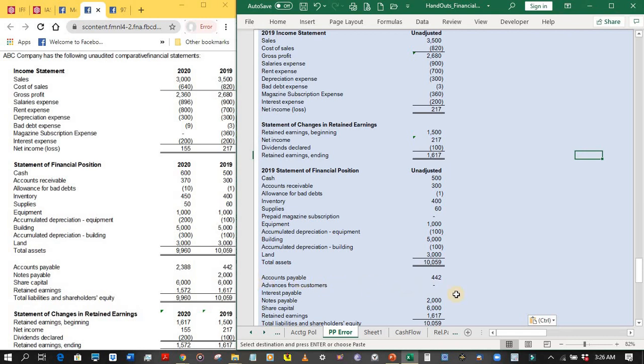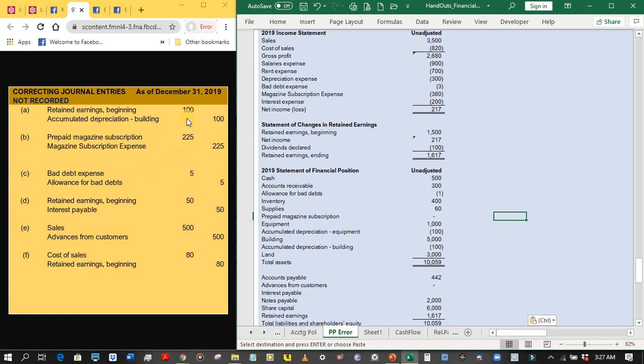Now, let us post our correcting journal entries. These are the correcting journal entries that we have prepared as of December 31, 2019, and again, these are not recorded. These were only made in order for us to prepare the restated balances for 2019.